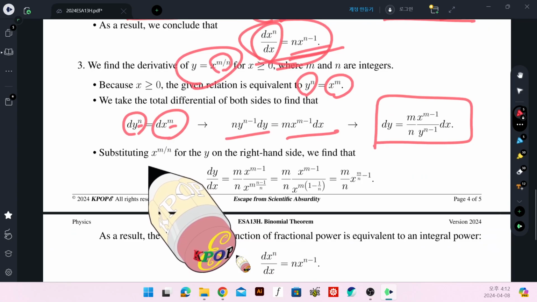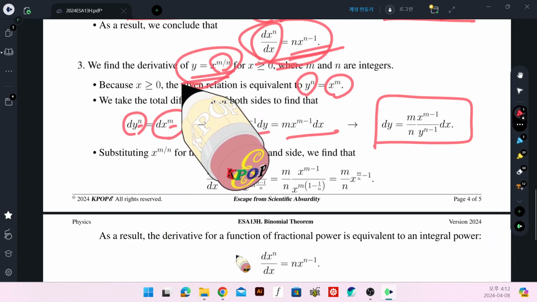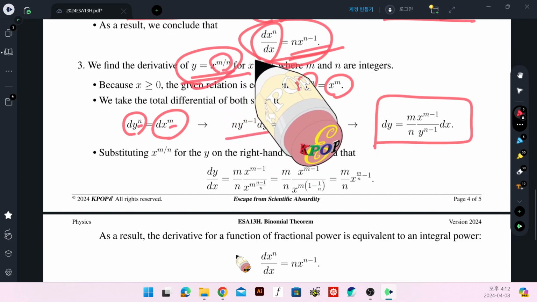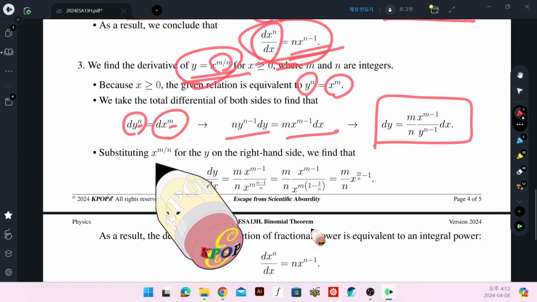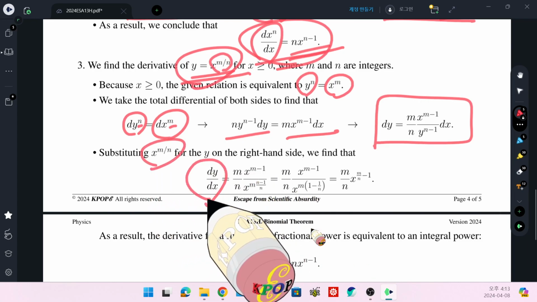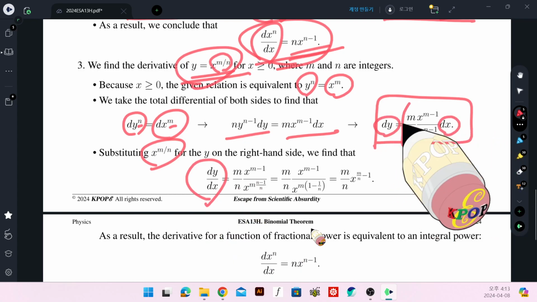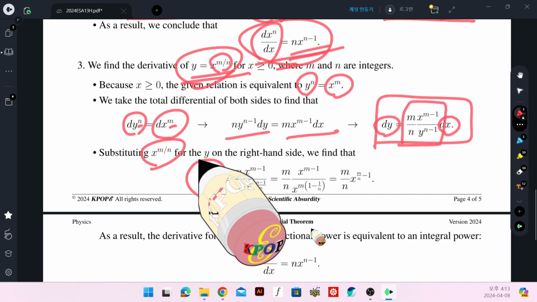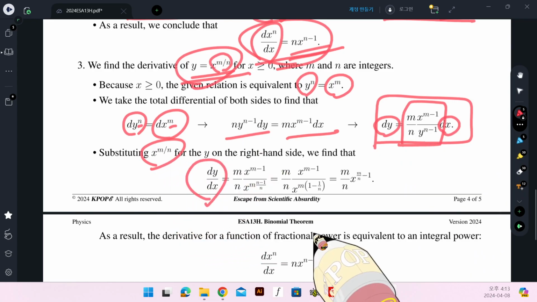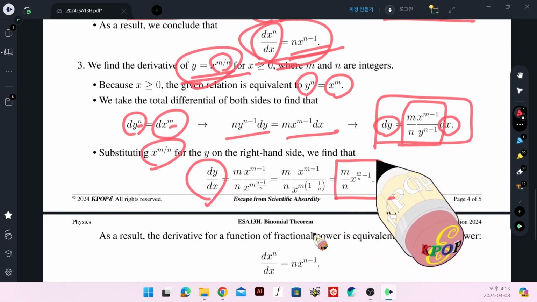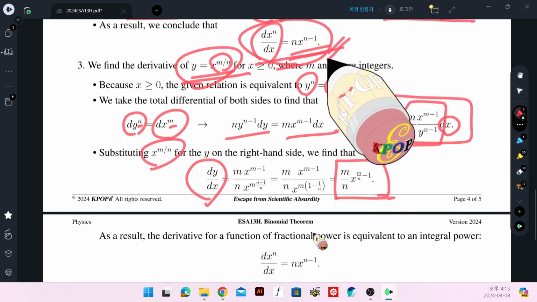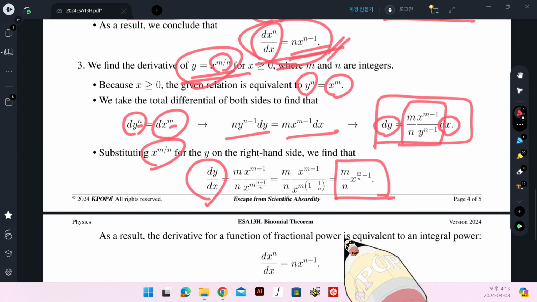Now we can return to the original definition that y equals x to the m over n. So substituting this result for y, I can compute dy over dx, and after substituting this expression for y, the final result is identical to the result with the integer n.